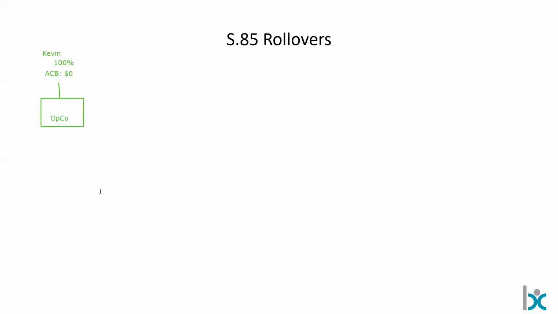Okay, and OpCo is currently sitting on something like $600,000 of active assets, and that's sort of Kevin's history. He's always run his business. He's built up now some active assets, and for the first time ever, he has some cash to invest.